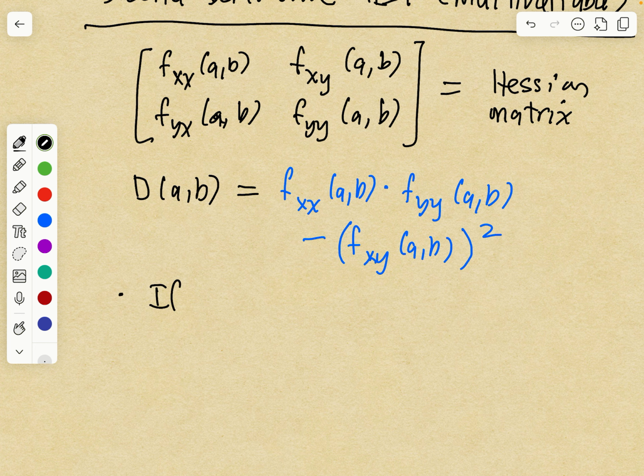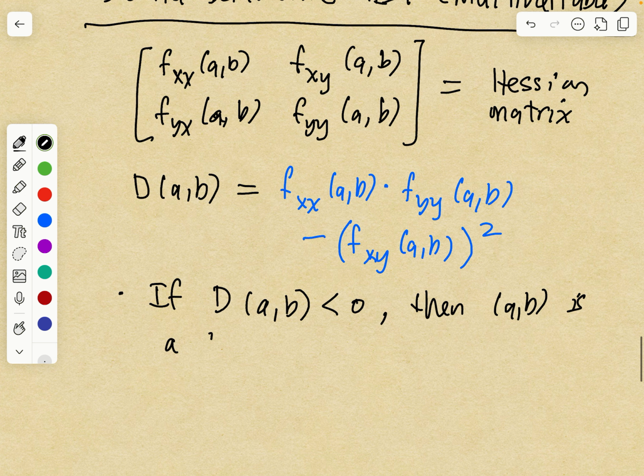Let's say that the determinant is negative. Then (a, b) is a saddle point.